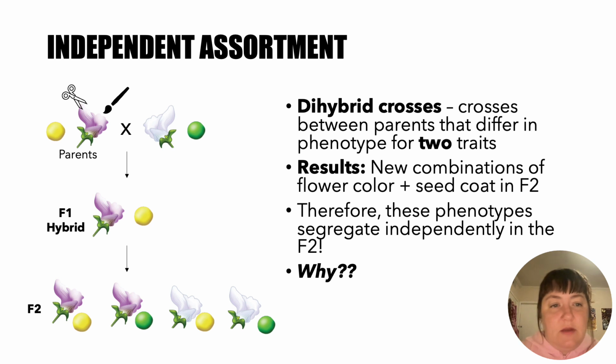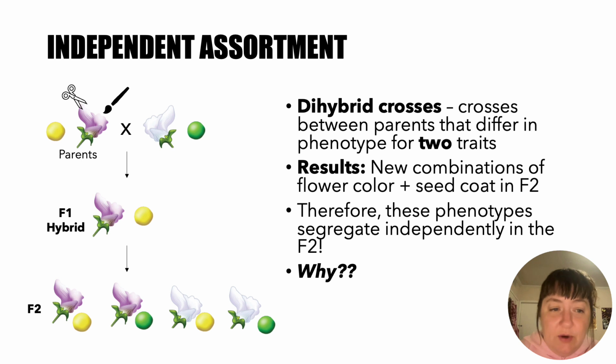And so he figured out the law of independent assortment by doing these dihybrid crosses. So basically he took two parents that differed in two traits instead of just one. For example here, one parent would have purple flowers and yellow seeds, and the other parent would have white flowers and green seeds, and then he crossed those. And at first it looks pretty similar to what he saw just for one trait.